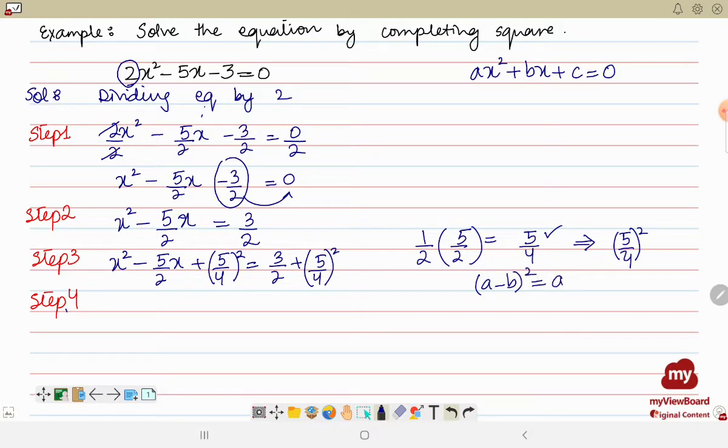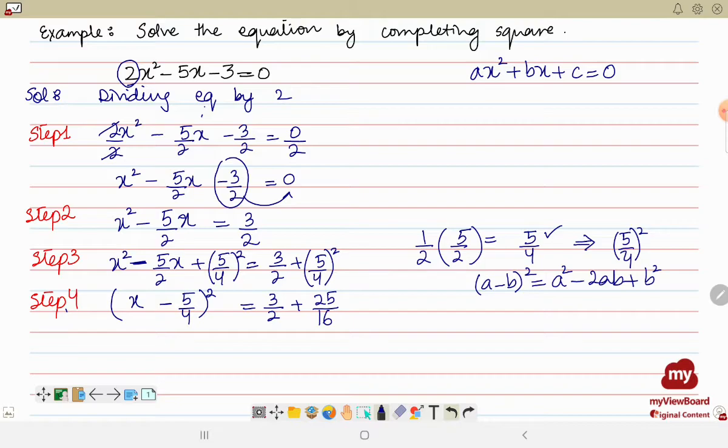For that we need three terms: a square, minus 2ab, plus b square. The second term decides that it is of the minus identity, and the first and the last term will give us the values of a and b. And on the right hand side we will solve this equation: 3 by 2 and 5 by 4 whole square means 25 by 16.